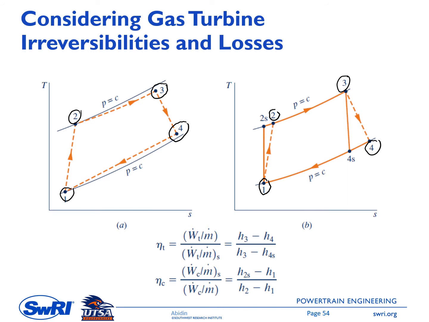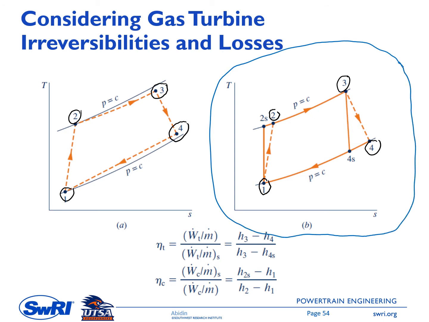But usually the pressure drop inside the heat exchanger is smaller compared to the losses inside the compressor and the turbine, so in THERMO II, all of the problems assume the pressure drop inside the heat exchanger is 0. It means P3 equals P2, and P4 equals P1, as on the right side. So this is the TS diagram that we will find in THERMO II.